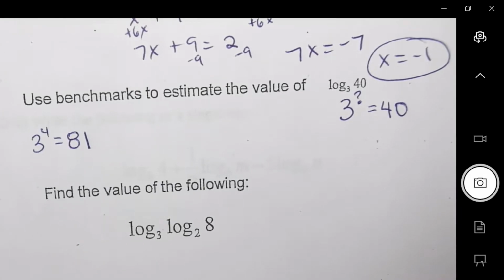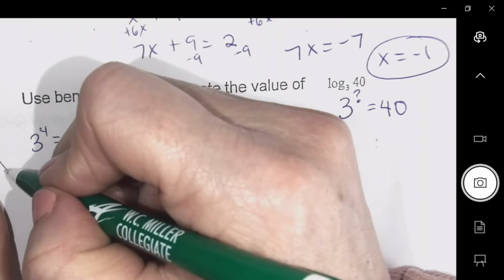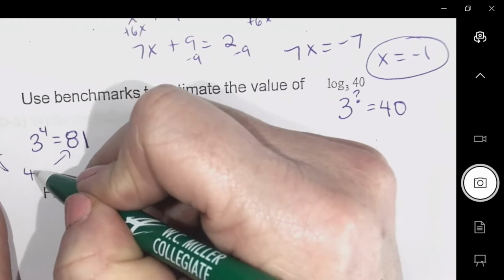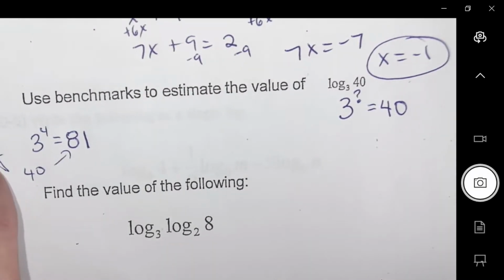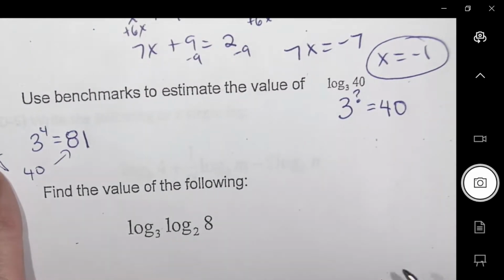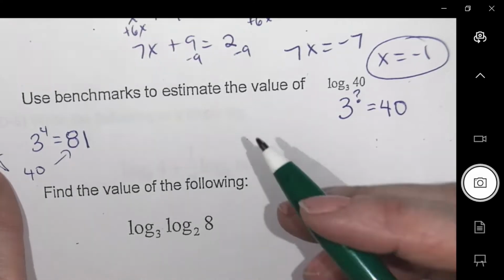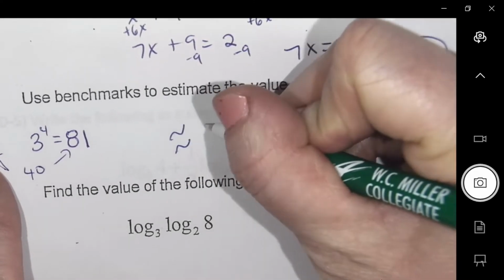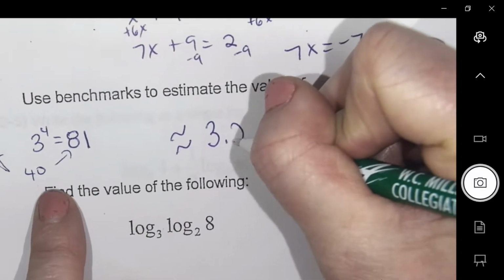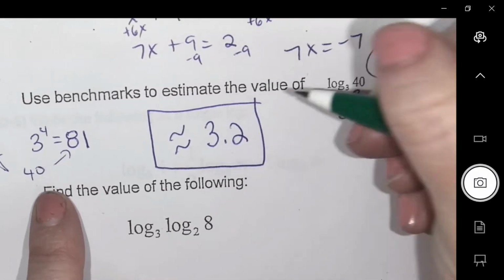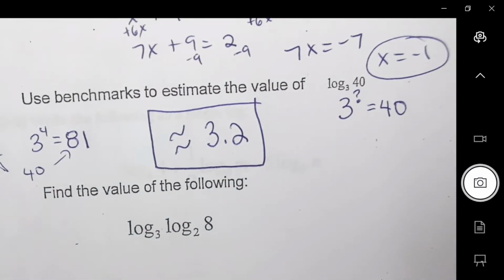Okay, so 40, what are we thinking? 40 would be closer to 27, right? So what am I thinking? Approximately 3.2. I like that guess. My little squiggle means approximately equal to because it's just a guess.